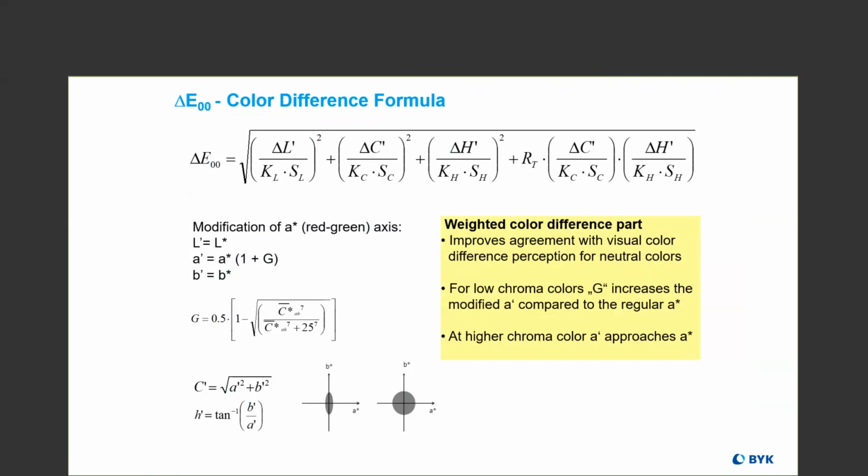So DeltaE CMC was created by evaluating textile samples, whereas 94 and 2000 were created using solid colored glossy painted samples. So if you're dealing with textiles, probably CMC would be the way to go, whereas if you're dealing with paint or glossy plastic or something like that, probably 94 or 2000 would be better.